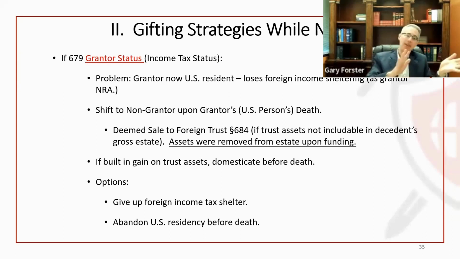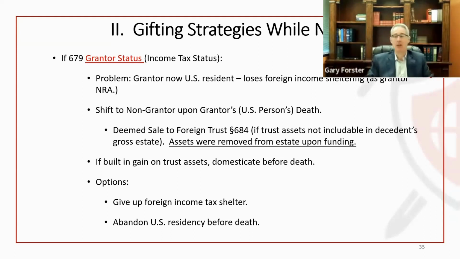Now, if I domesticate the trust, all of those estate tax transfers hold. I got all of the assets out of my estate, right? But if I domesticate the trust, any deferral or avoidance of the income tax, the sale of intangibles, all these things as a foreign trust and its own entity goes away.